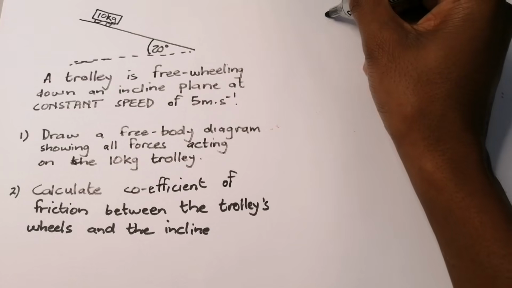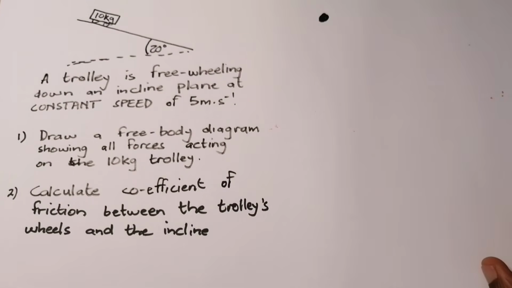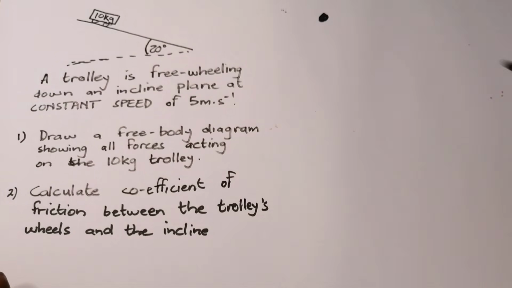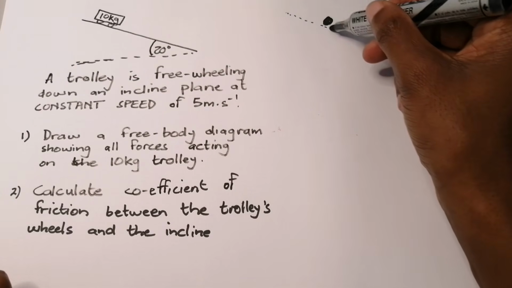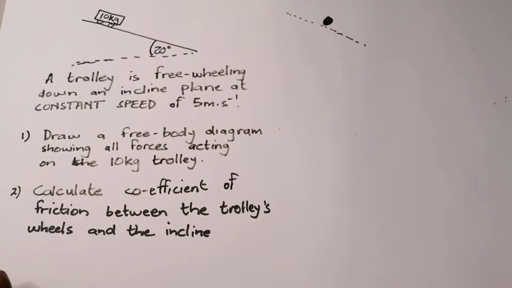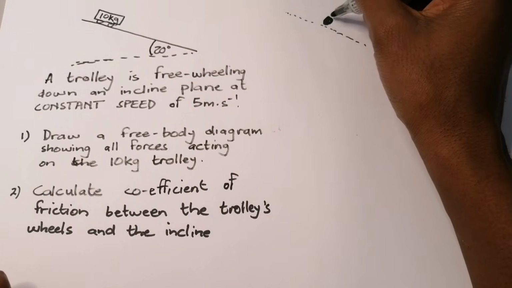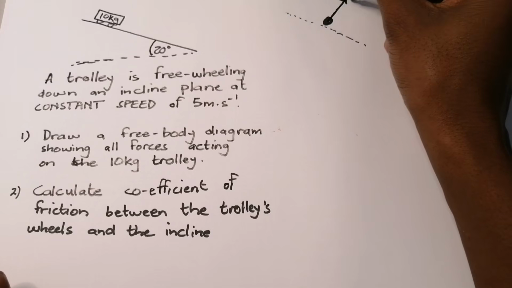What are the forces that are acting on the trolley? Once again, we know that we've got the normal force. I'm sure you've already got that figured out by now. Suppose this is our incline. We're going to have the normal force acting perpendicular to that incline there.